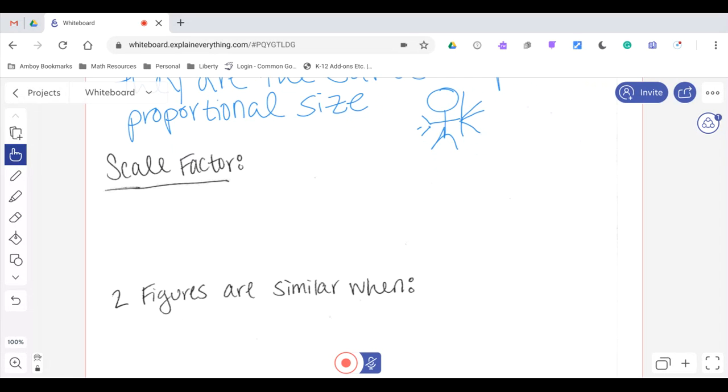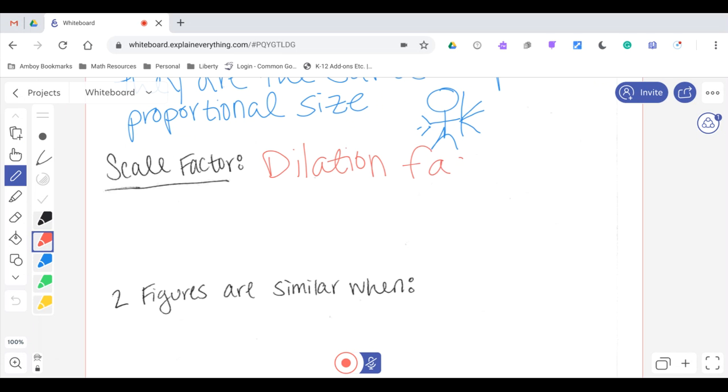Okay? So, how do you know if something is proportional or not? Well, that is determined by the scale factor. A scale factor is also like the dilation factor. Basically, I can say, okay, this box and this box are going to be proportional because this one has all sides of 1 and this one has all sides of 2.